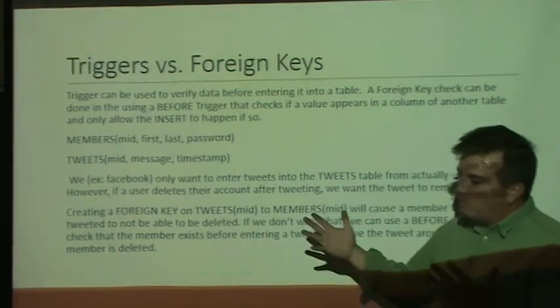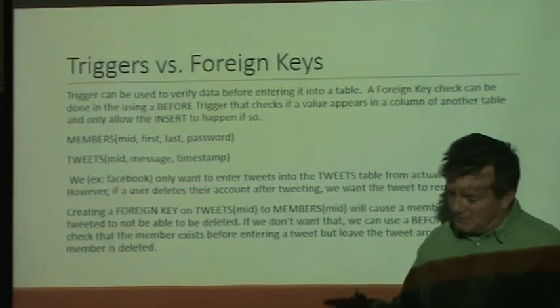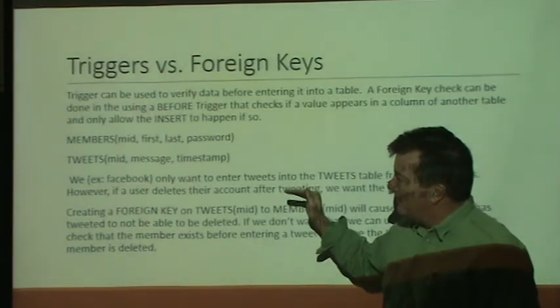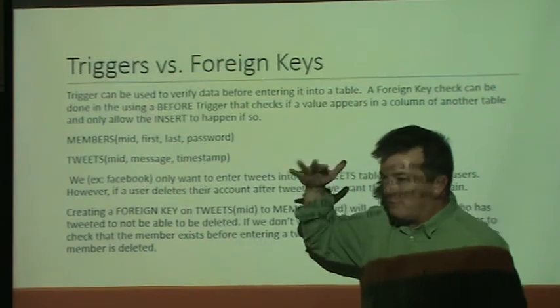But suppose we wanted to create our website in such a way that the first thing they do is become a member. Once they're a member, they start making tweets.